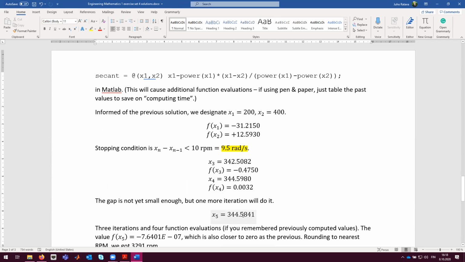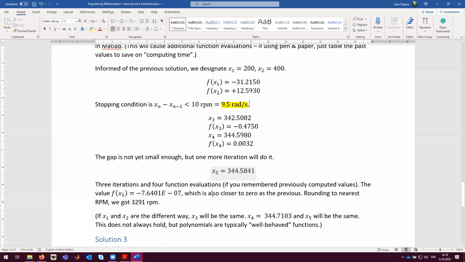One more iteration, and this now changes just over 1/100 of a radian per second, and we get this value. So 3 iterations, 4 function evaluations, and if you evaluate the function value at x5, it's really small, so we're really close to 0. Rounding to the nearest RPM, we get 1 RPM more, but more on the same ballpark.